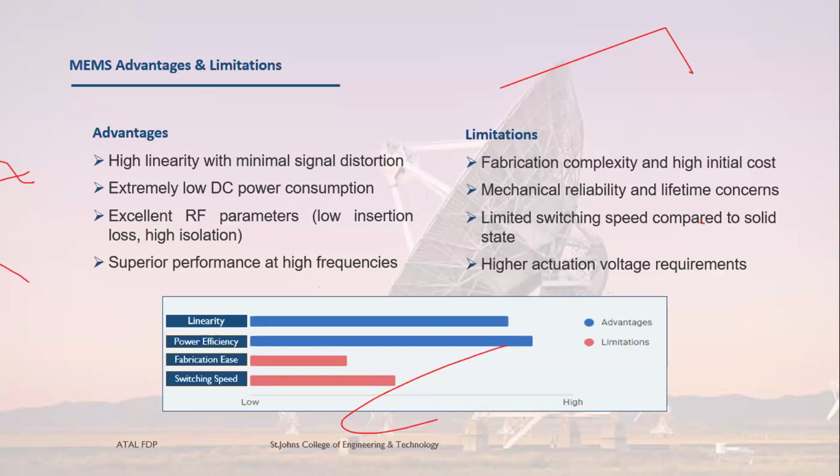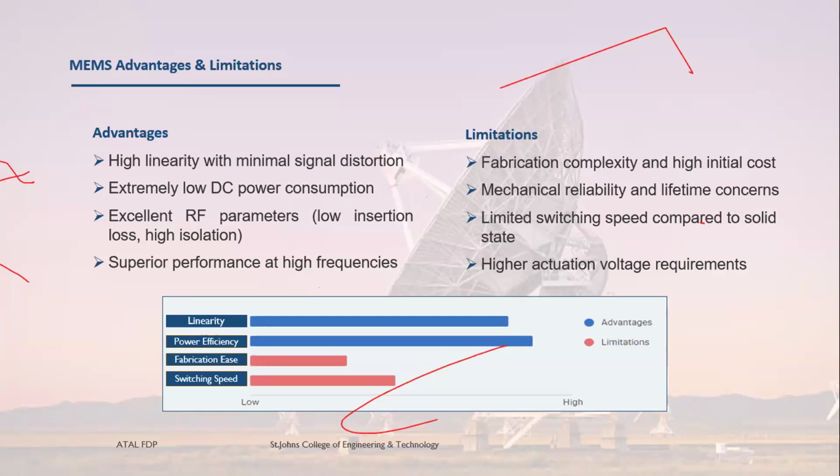Electronic switch okay, but when I'm talking about mechanical switch, since a small membrane or cantilever beam will be operating up and down, mechanical reliability and lifetime is a major concern in MEMS.